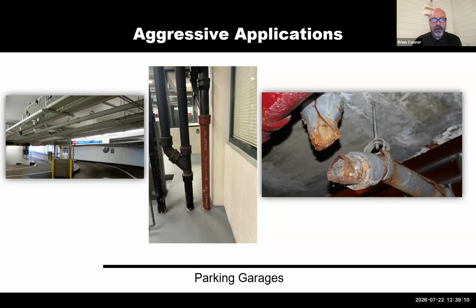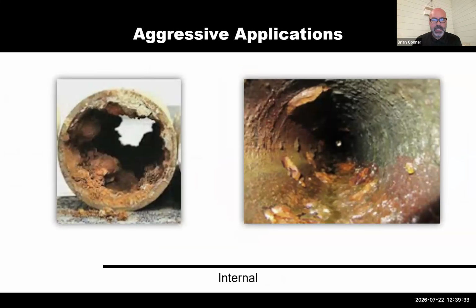Because we know that there are applications that are environmentally hazardous to the exterior, not just the interior. You've got de-icing chemicals, you have salts, salt air can be potentially hazardous to any metallics, including cast iron. And so we want to make sure that the exterior of the pipe is coated as well as the interior.